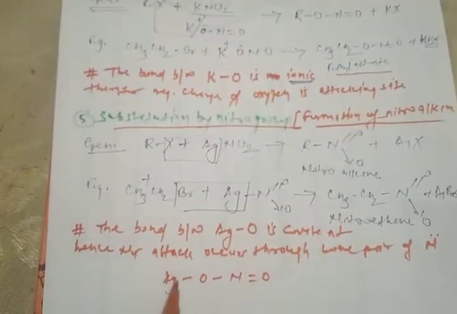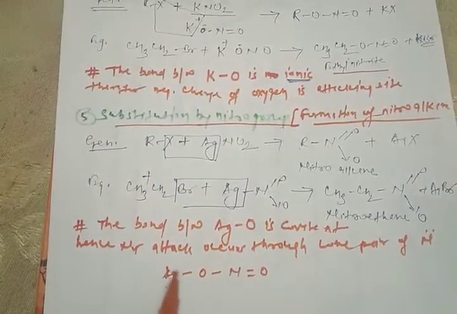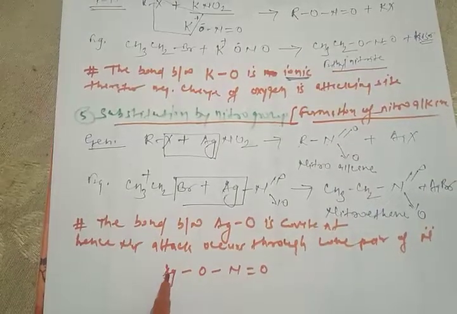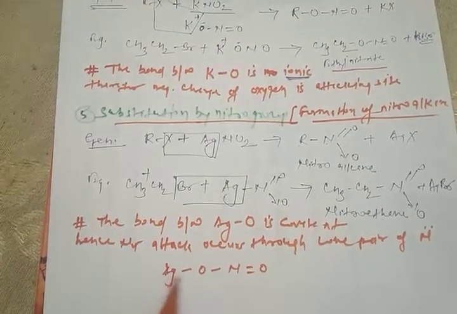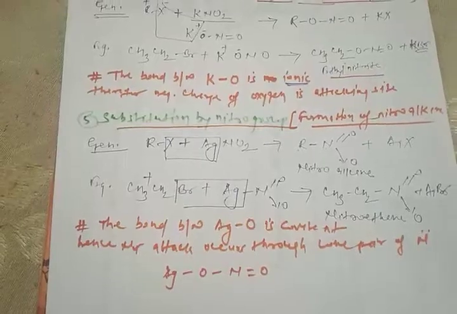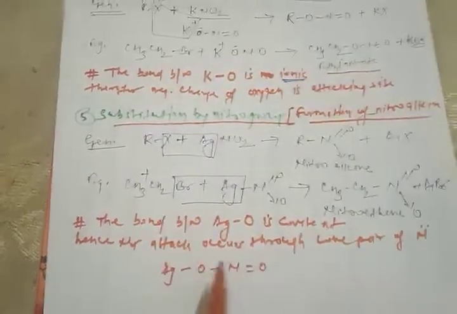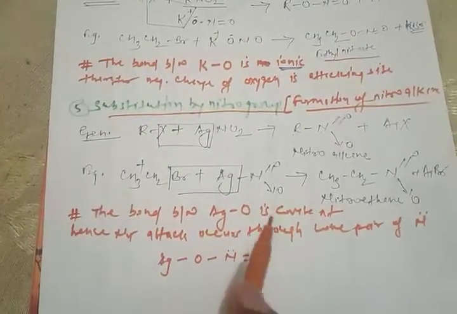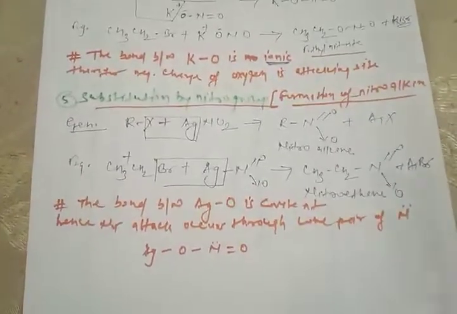Here we have a complete electronic configuration of inert gases. So according to Fajan's rule, this bond becomes a covalent bond. Okay, so this is the lone pair which is responsible for combining with this side.